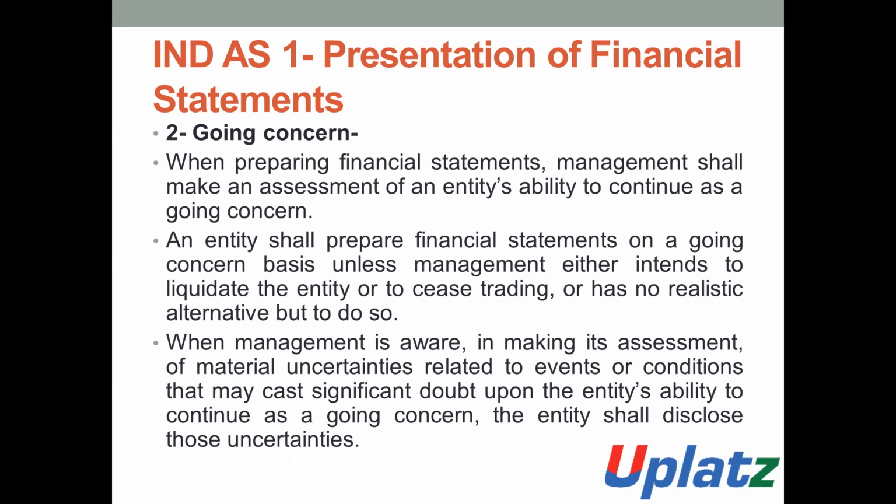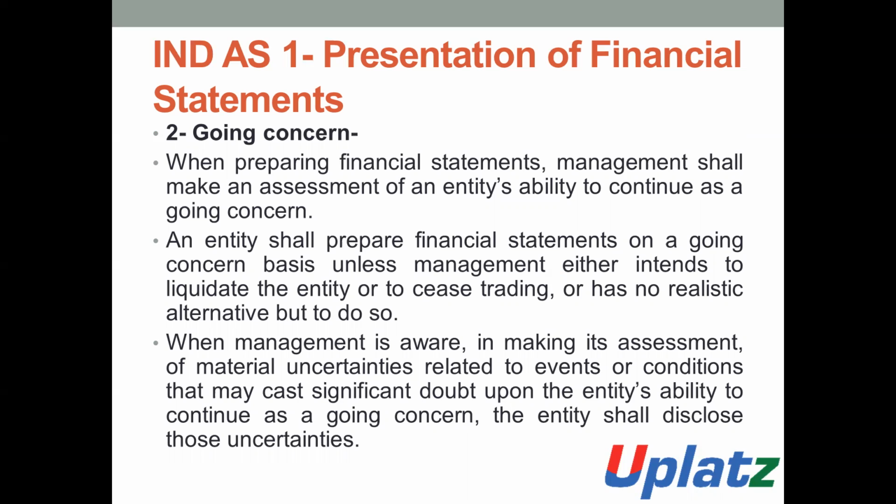When the management is aware, in making its assessment, of any material uncertainty related to events and conditions that may cast significant doubt about the entity's ability to continue as a going concern, then the entity shall disclose such uncertainty.